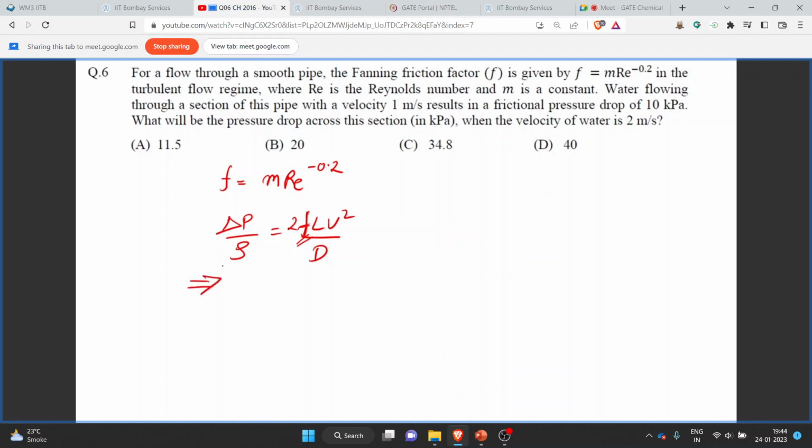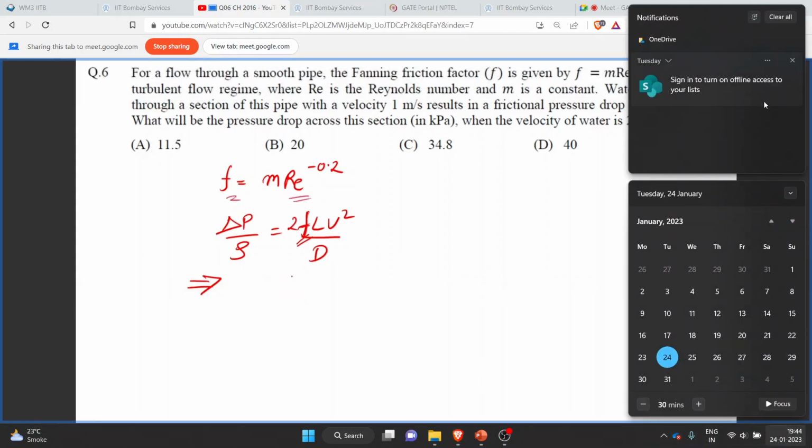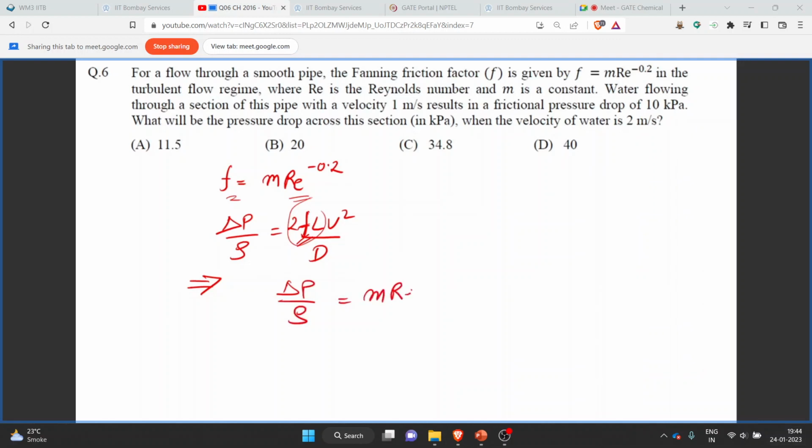So we can replace the value of F over here in this equation. So we will be getting delta P upon rho is equal to M Re raised to minus 0.2 into 2 L V square upon D. Now Reynolds number, we know that it is given by rho V D by mu, where V is the average velocity, D is the diameter of the pipe, rho is the density, and mu is the viscosity.